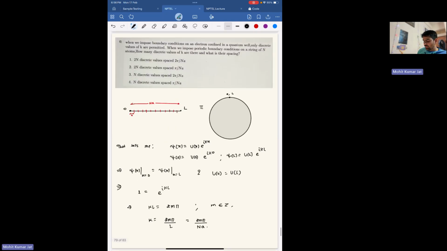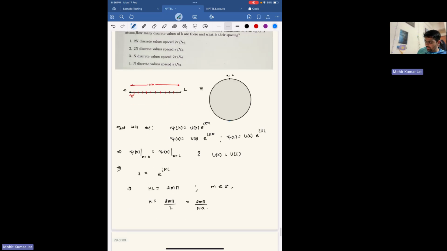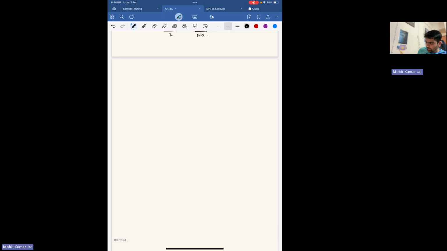Right? So the question lies here that if the wave function at this point 0 and L has to be the same, then it can have one node in between. What does it mean? For example, if I straighten the point 0 to L, this kind of wave function, this is psi of x.